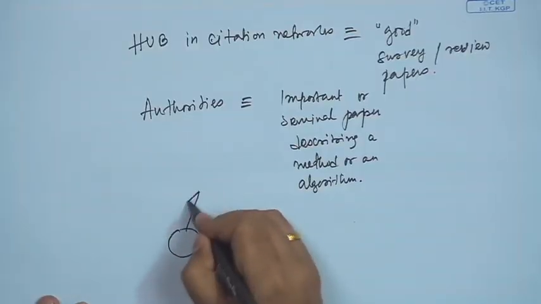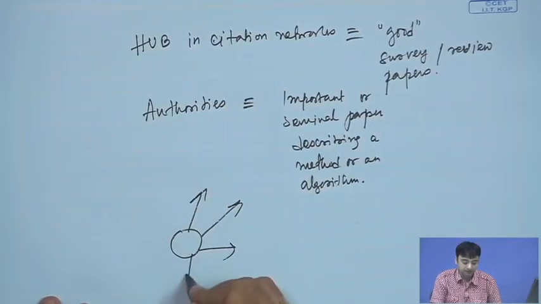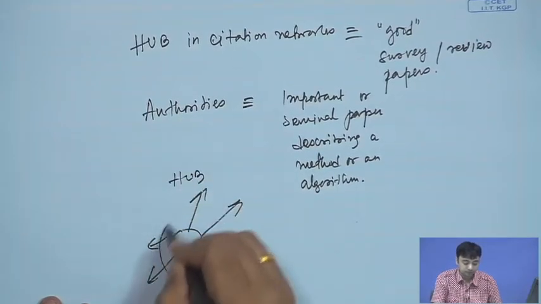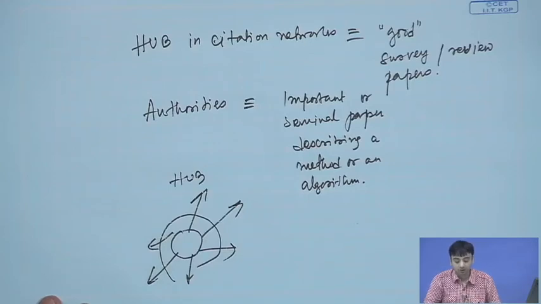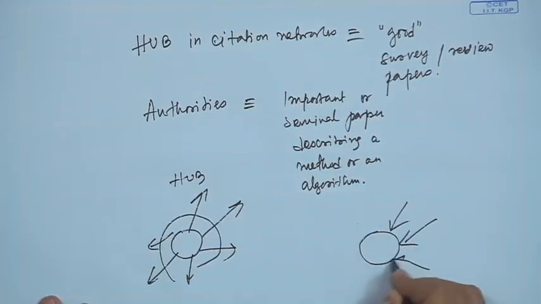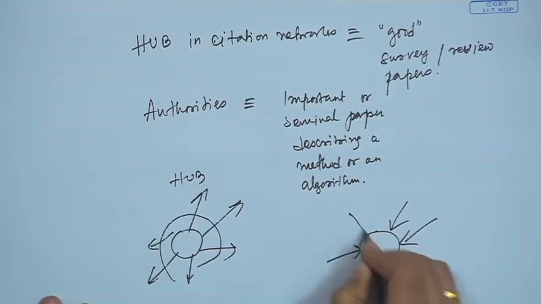Now the question is, given the structure of the network, how should one quantify the hubs and the authorities? From the definition itself it becomes clear that for a hub, the out degree is more important, whereas for an authority, what is more important is the in degree.